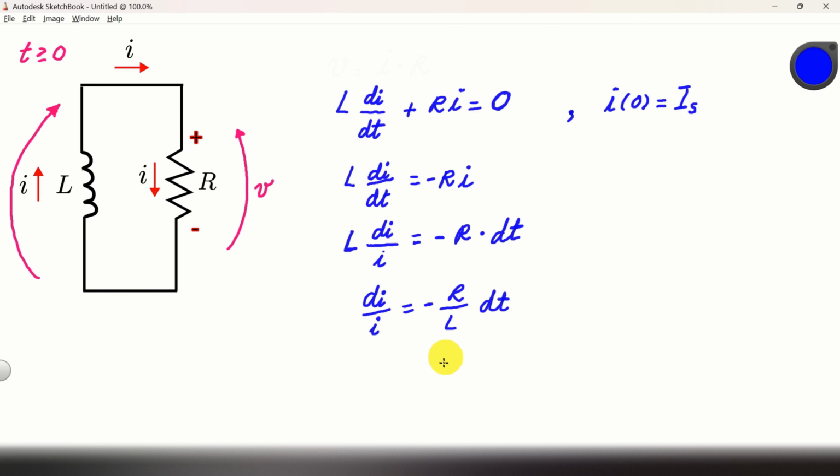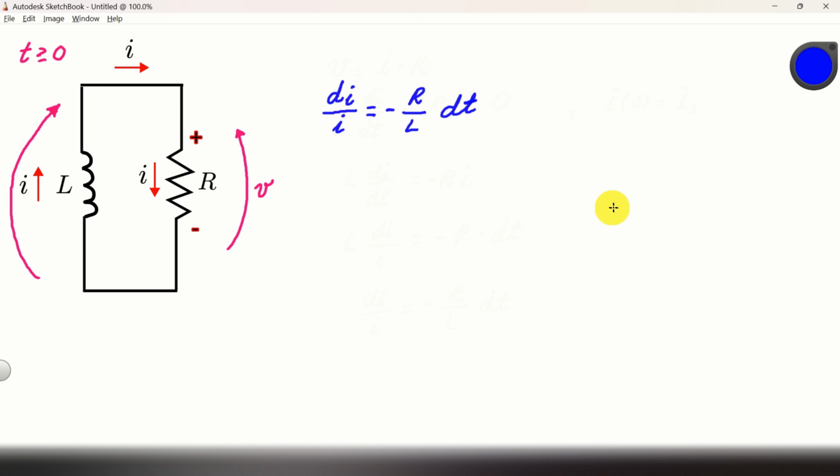And next I can integrate this equation. Taking the integral of the left hand side, I obtain integral of di over I is equal to minus R over L, and integral of dt.